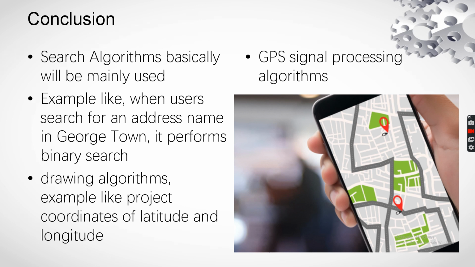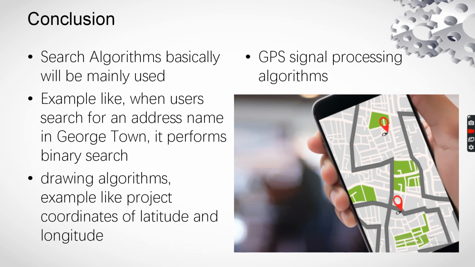The idea is to divide the list of items in half repeatedly until we reduce it to one possible item. For example, when users search for an address name in Georgetown, it performs binary search and string matching to quickly return the results from the given dataset.